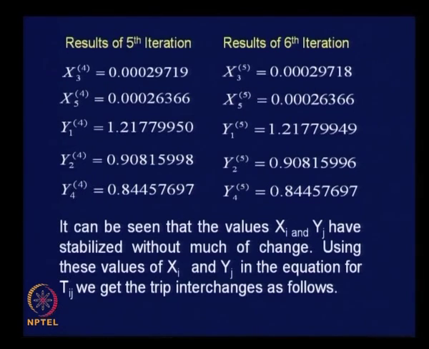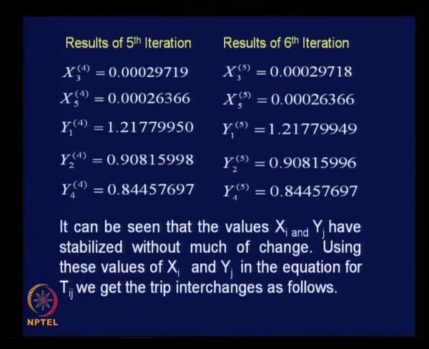Okay. Using these values of xi and yj in the equation for Tij, we get trip interchanges as follows. Now, we go back to equation 1 for Tij and substitute the values of xi and yj, because we have the values here, and we have assumed the alpha value to be unity.